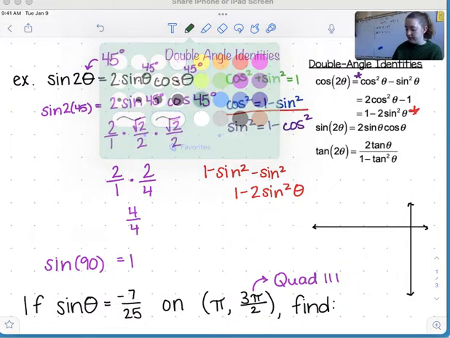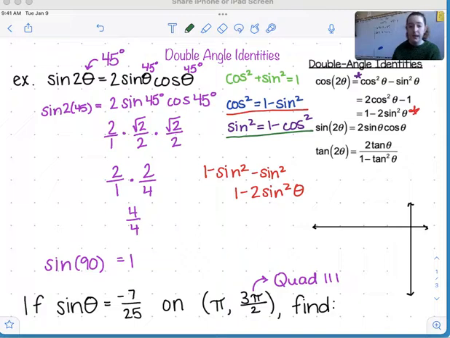We also know that sine squared is equal to 1 minus cosine squared. So if we plug that into our original guy, our sine squared there, we've got cosine squared minus, and then sine squared is 1 minus cosine squared. We distribute through that negative, so now it's a plus.